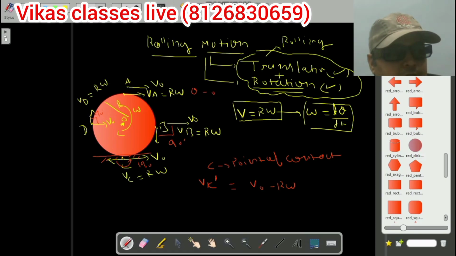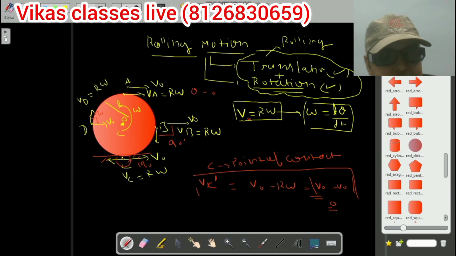But in case of pure rolling, v is equal to r omega, which is nothing but v naught minus v naught at the point of contact, and we get 0. The relative or resultant velocity at this point is 0.